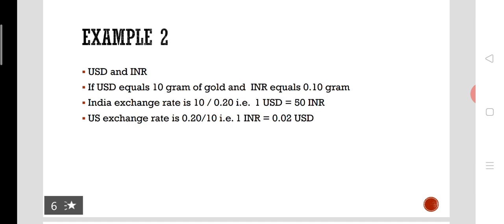Then 0.1 by 10 is 0.01, so 1 Indian rupee is equal to 0.01 US dollar. So this is the way in which exchange rates of currencies are determined as per the mint parity theory. So the gold standard system was based on the mint parity theory in the late 19th century and the early 20th century.